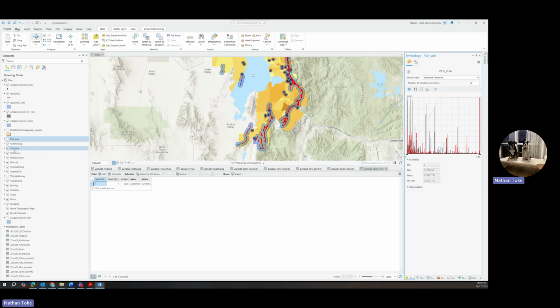We might find that other aspects of vulnerability aren't necessarily co-located with some of these hazards. And so zonal statistics is a great tool that we can use to look at how these spatial statistics vary across the region next to these facilities.